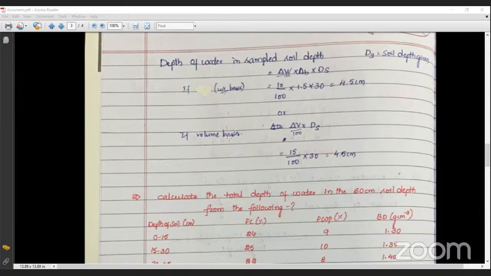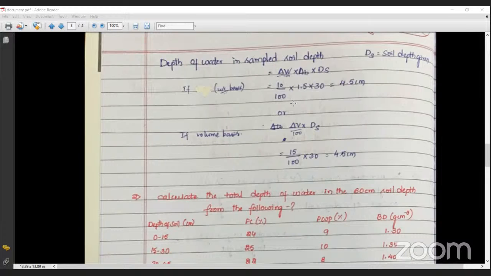If they are given on volumetric basis, just multiply this volumetric percentage by 30 centimeter, so 15 divided by 100 will give 4.5 centimeter. If they have given weight basis, then we have to assume the bulk density. If bulk density is given, it is well and good. If it is not given, then we have to assume the bulk density of 1.5.